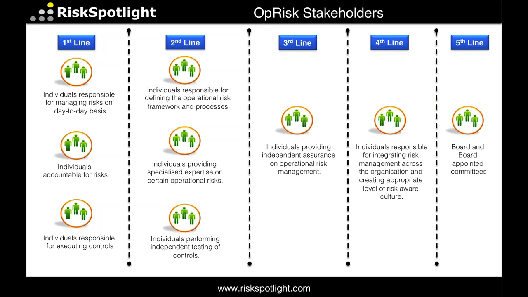So I've classified all those roles we looked at into the first line. Those are the people who are doing the day job, and as part of the day job, they are exposed to various risks, and we want them to manage those risks and those controls. The second line is the group operational risk team, any specialist team, and any independent control testing. The third line is your internal auditors.